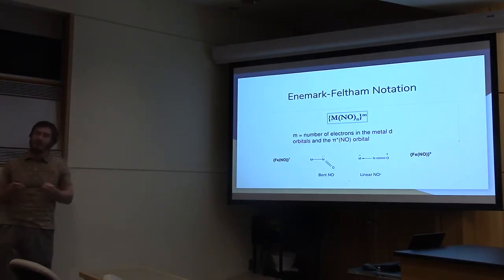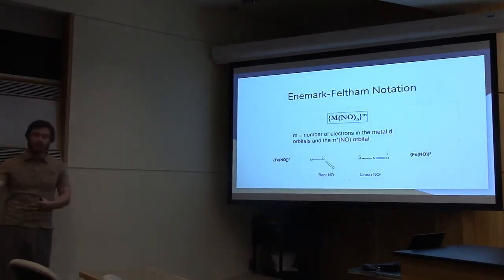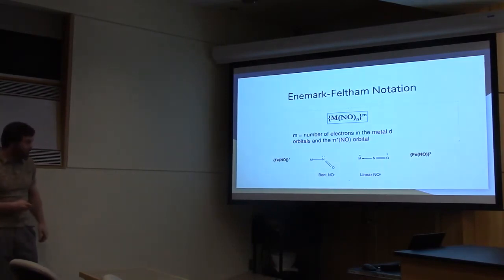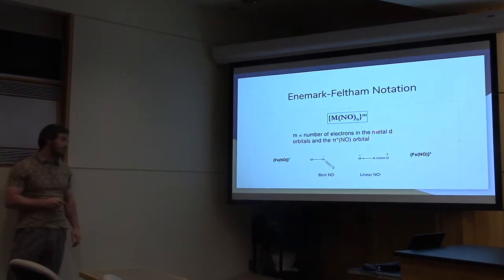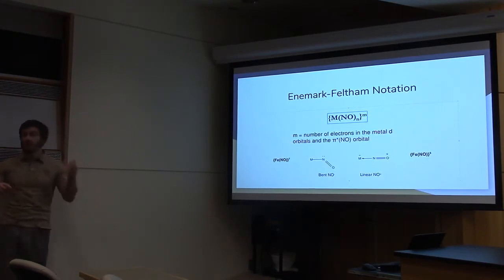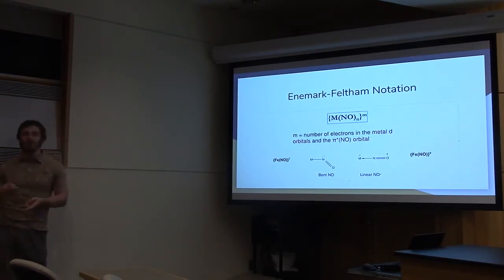When nitric oxide binds to metal, the binding is so tight that it can be hard to see where electrons really lie on this complex. And so we treat it as one large molecule essentially, and give it a superscript that is the sum of the metal d electrons, which from the previous slide we learned will be 6 in our case, and the pi star electrons, which will be either 0, 1, or 2.